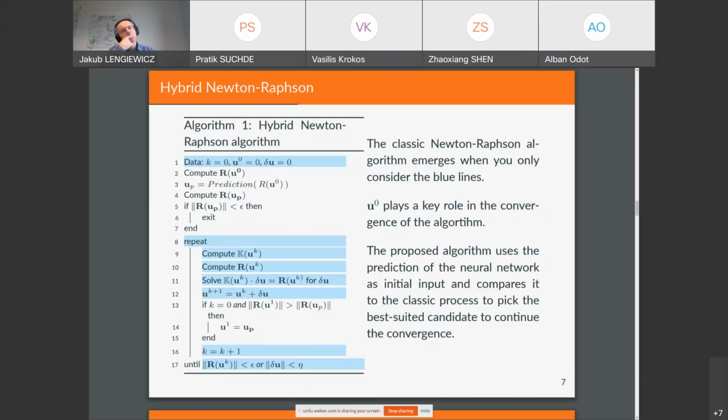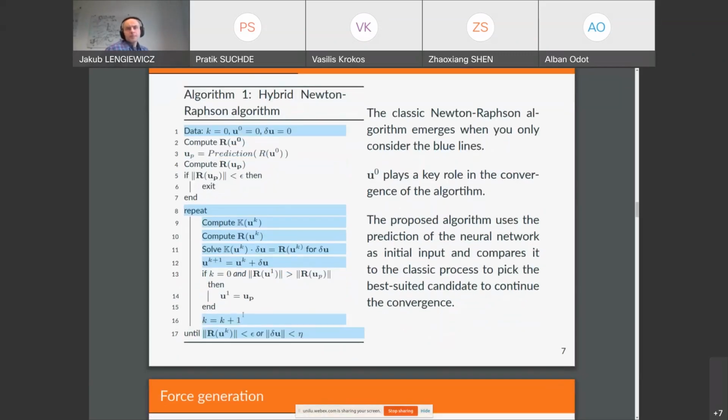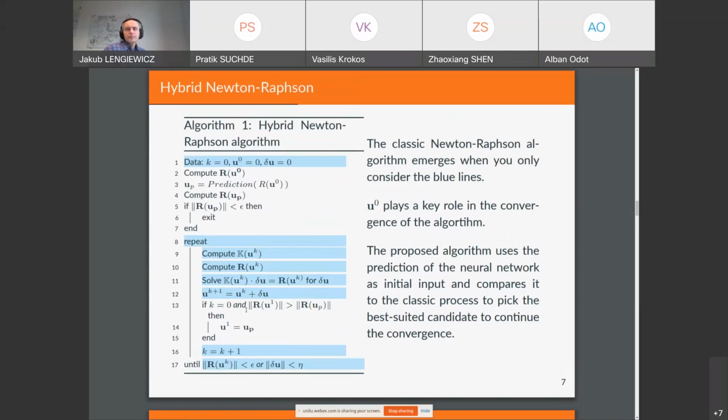And if the network gives a better solution than the Newton-Raphson, then we continue the iterations with the prediction of the network. So this guarantees the validity of the solution if you put it in a system. And we'll see that the guess of the network is usually pretty good. So we skip a lot of Newton iterations, even though we still do a couple of them.